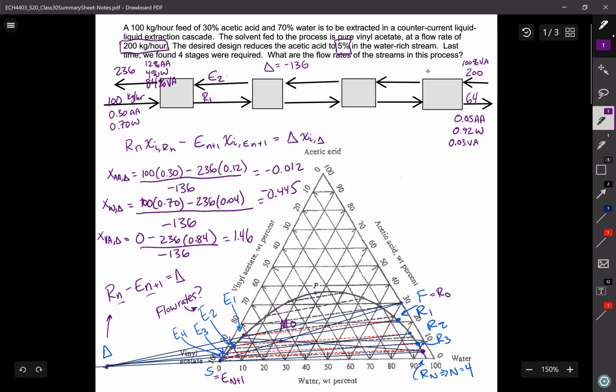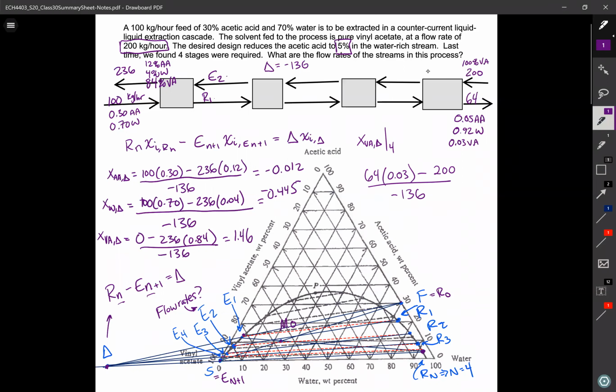Now I want to just check myself. I said I was going to check by looking at the last stage. So let's just check that for X vinyl acetate of the delta point, but evaluated at the last stage. So this is stage 4. Let's see, vinyl acetate 100%. Oh, that's my extract. Sorry, 64 times 0.03 minus 200 divided by minus 136.